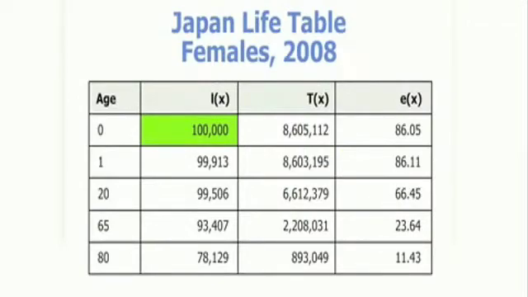Now, notice in Japan that at age 80, in this particular column, called little lx, x just meaning the ages, sometimes called the birthday column, so that's what makes it kind of fun, you notice that at age 80, out of 100,000 females born, 78,000 are still alive. Imagine 78% of people living to age 80, but not everywhere.